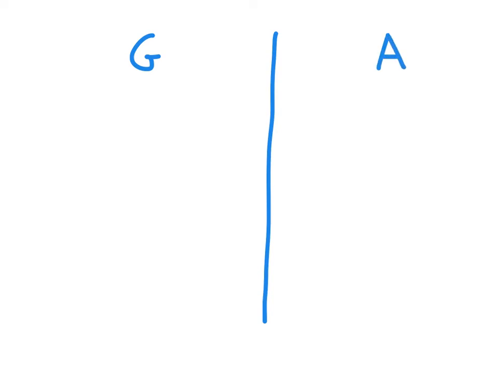So I'm going to do a quick side-by-side comparison of Gauss's law to Ampere's law. So I'm going to just list this as G and A. So G for Gauss, A for Ampere. Obviously, Gauss's law is trying to find the strength of an electric field. Ampere's law is trying to find the strength of a magnetic field.